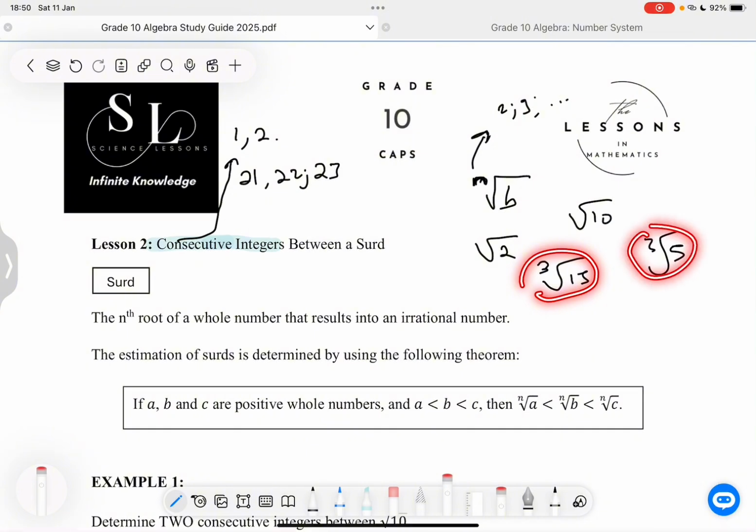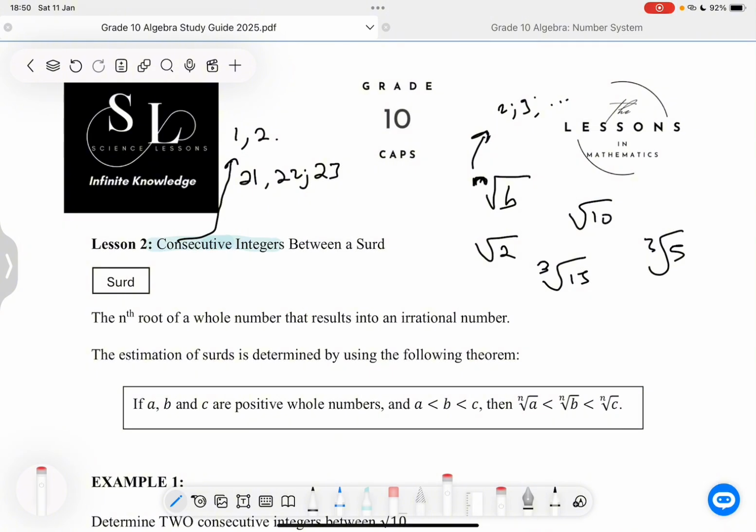Both these two numbers are irrational numbers, and the numbers inside the cubic root are whole numbers, and in this case our n is a 3. You can do this with the 4th root, the 5th root, the 6th root, right? As long as the number that we get here would be an irrational number, and we have a whole number inside that nth root, then that number will be classified as a set.